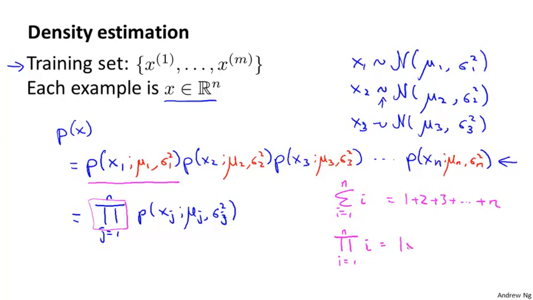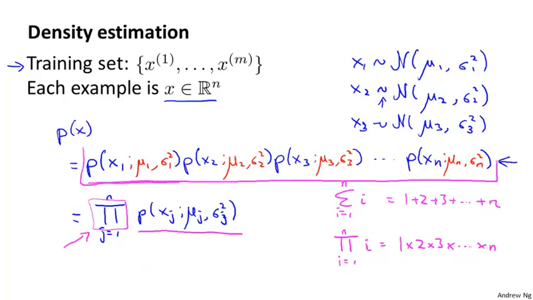So this becomes 1 times 2 times 3 times dot dot dot up to n. And so using this product notation, this product from j equals 1 through n of this expression is just a more compact, or shorter, way of writing out this huge product of all of these terms up there. Since we're taking these p of xj given mu j comma sigma squared j terms and multiplying them together.